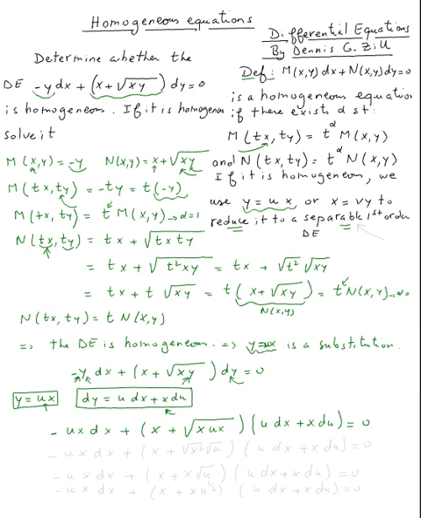So let's try to distribute. First of all, this is minus ux dx plus x plus square root of x squared u. Can we just write it as square root of x squared times square root of u?